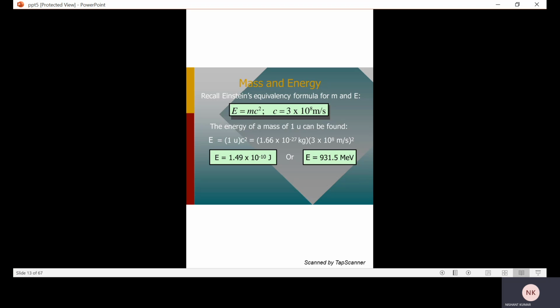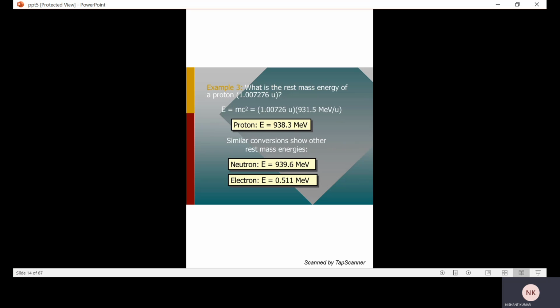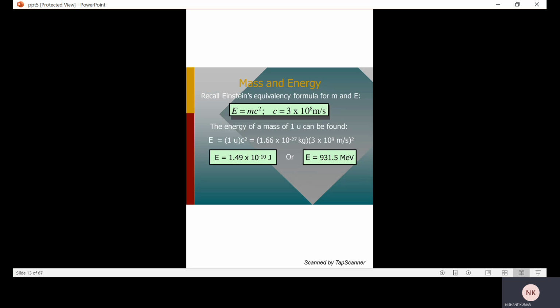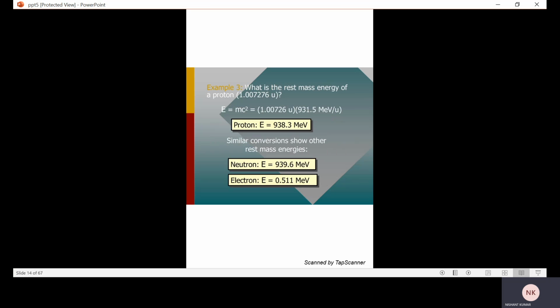So we find E is equal to 1.49 into 10 to the power minus 10 joule for 1 AMU mass. Or we can write 1.49 into 10 to the power minus 10 joule of energy as 931.5 mega electron volt.